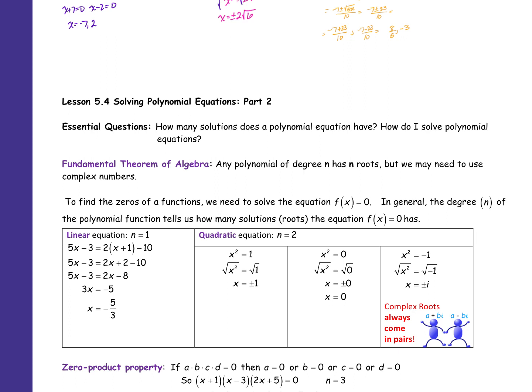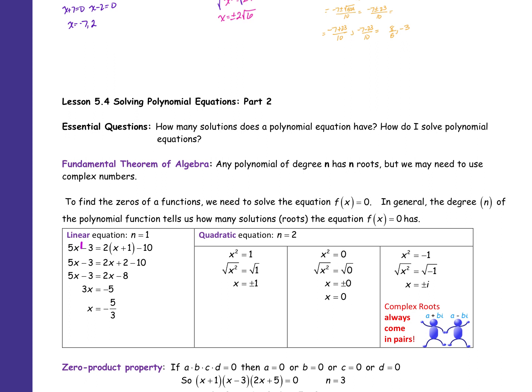So to find the zeros of functions, we need to solve the equation f of x equals 0, right? We set the equation equal to 0 and solve. In general, the degree n of the polynomial function tells us how many solutions, roots, the equation f of x equals 0 has. So for a linear equation, n equals 1, so I have a power of 1 here. My answer is I have 1 solution.